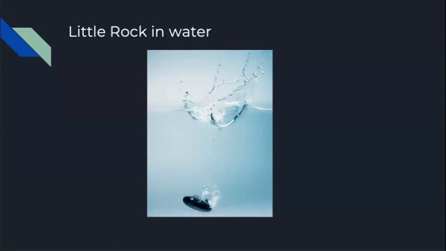In this case, our buoyant force is not powerful enough to hold the rock up in the water. It simply sinks because the force that it has coming into the water is greater than the buoyant force. And anytime this happens, the object will sink.